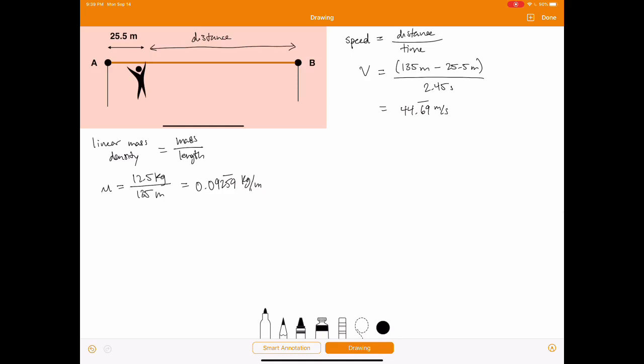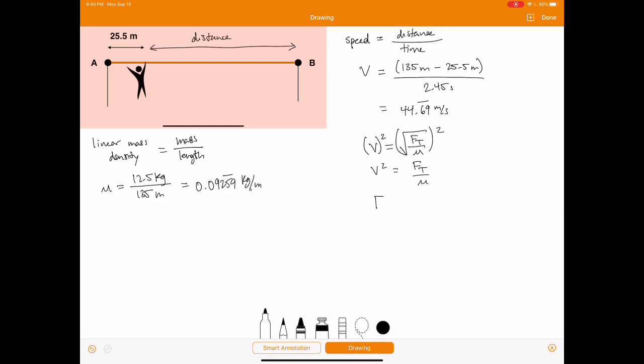Okay. Now remember, what we just derived is that the speed of a wave on a string is the square root of the force of tension divided by the linear mass density. What we want is the force of tension. So we'll start by squaring both sides. V squared is Ft divided by mu.